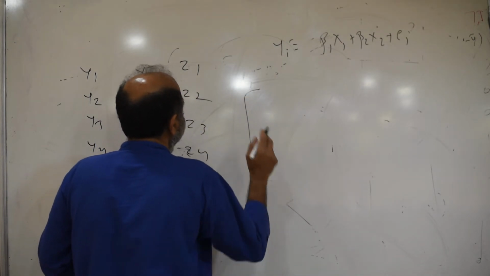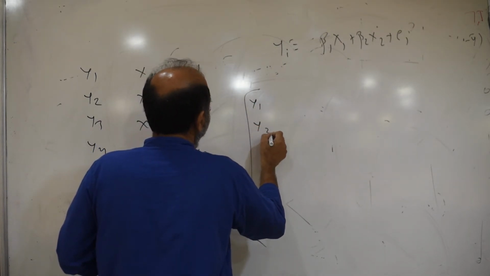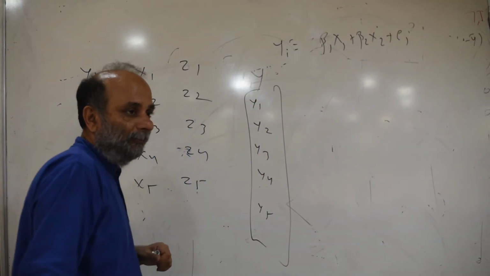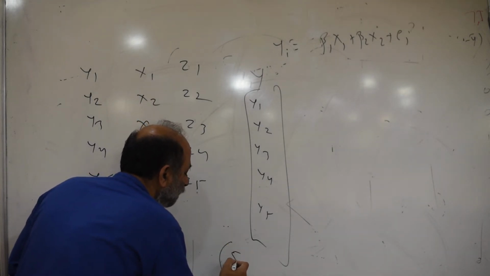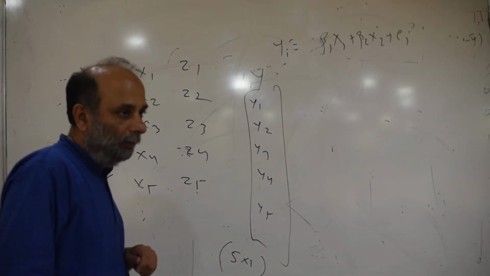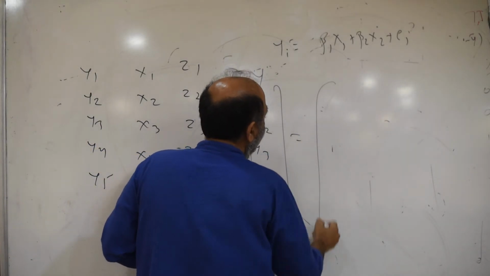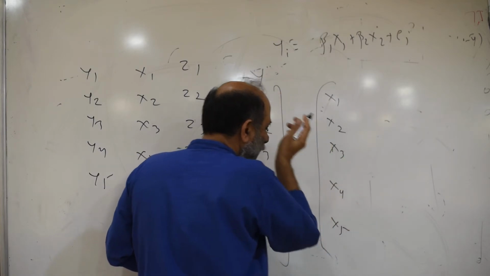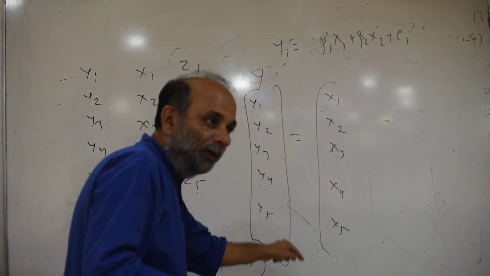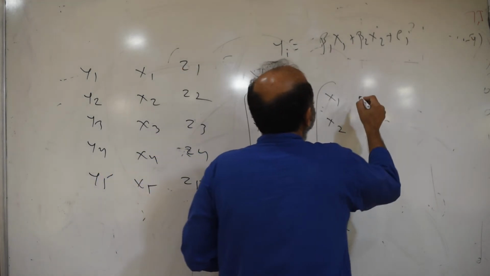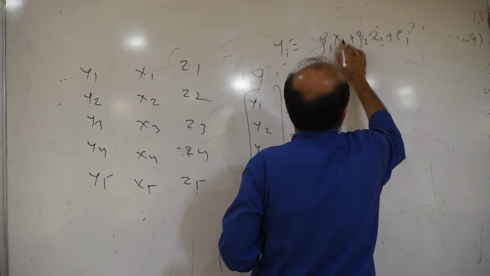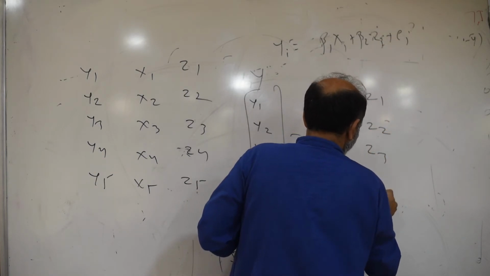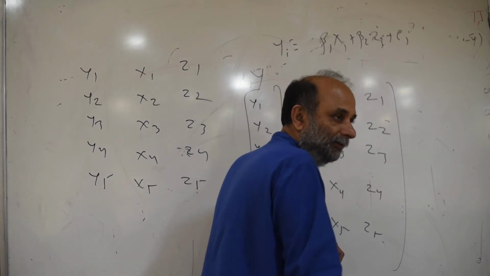Now I can write this. Suppose I write y1, y2, y3, y4, y5 as the whole matrix Y. How many rows and columns does it have? 5 rows into 1 column. Now I write x1, x2, x3, x4, x5 as all the 5 values of x, and call this z so that you don't get confused: z1, z2, z3, z4, z5.